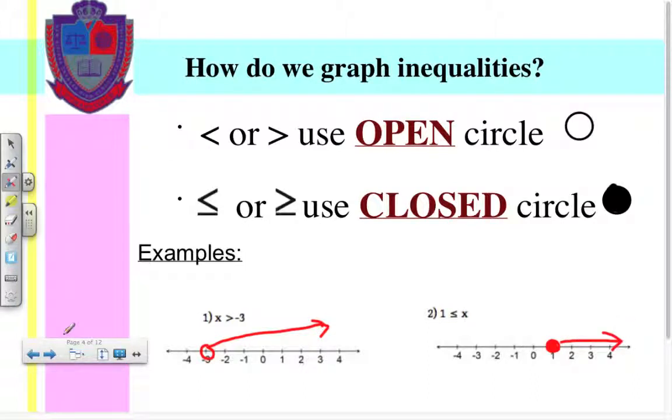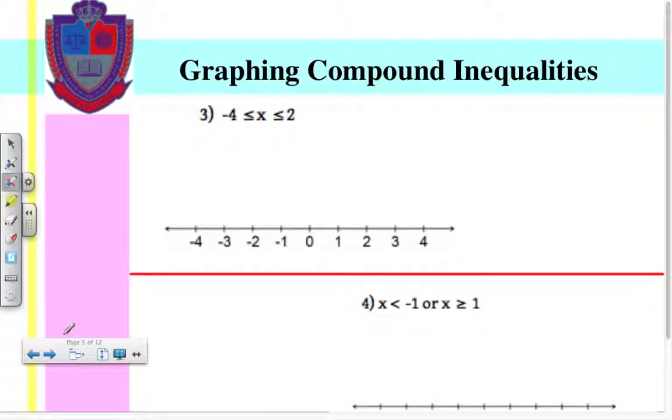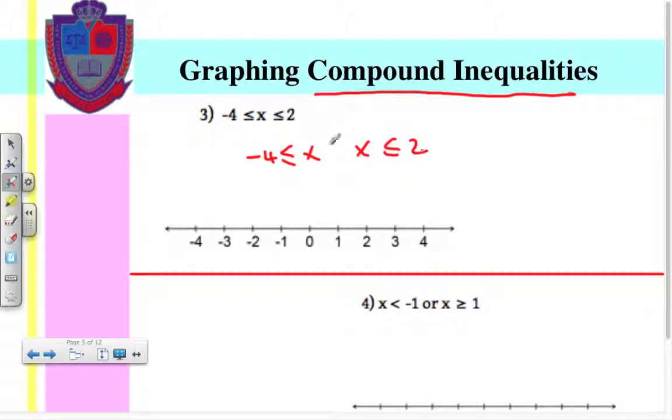When I combine two of these, this is what is known as a compound inequality. All that means is two inequalities combined. So we're going to break these up. We have two inequalities now. Let's graph it. First one, x is greater than or equal to negative 4.